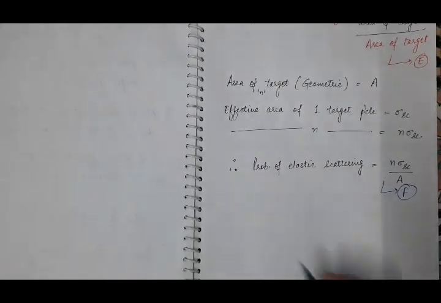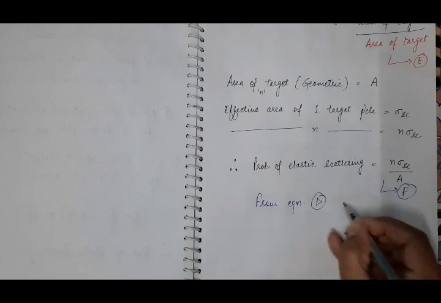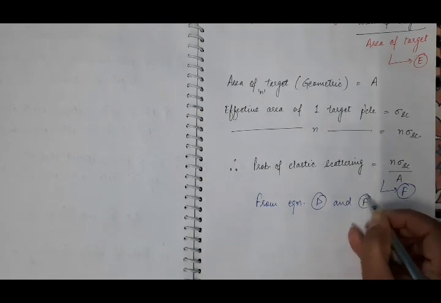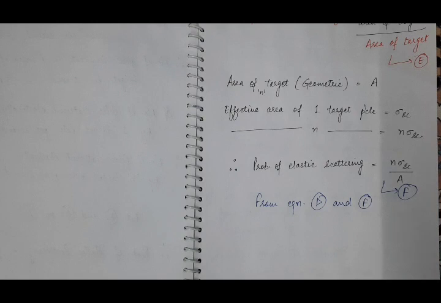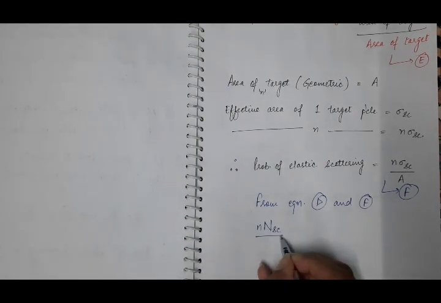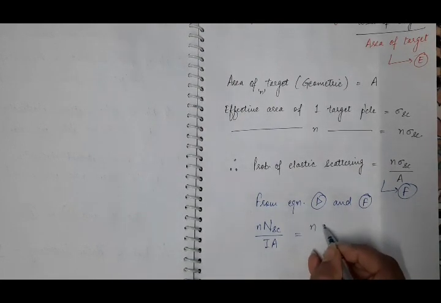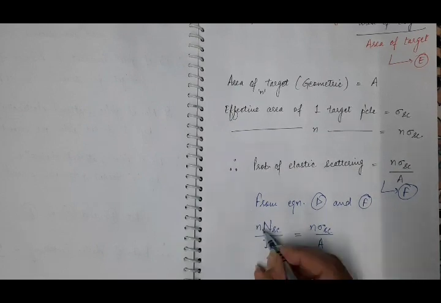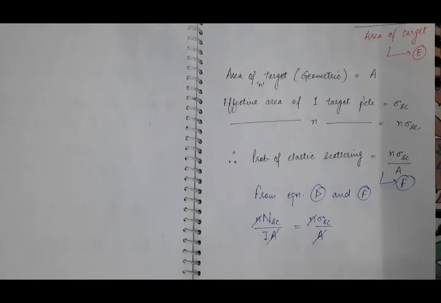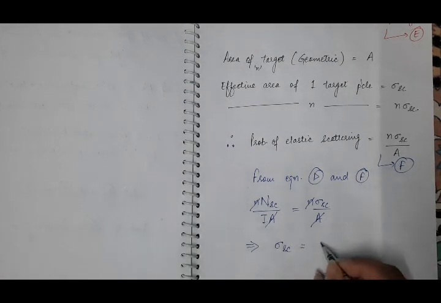From equations D and F, both are providing us the probability of elastic scattering. From equation D, the probability is this, and from equation F, the probability is this. So n and n will cancel out, A and A will cancel out. Now we have obtained the expression for the cross-section of elastic scattering.